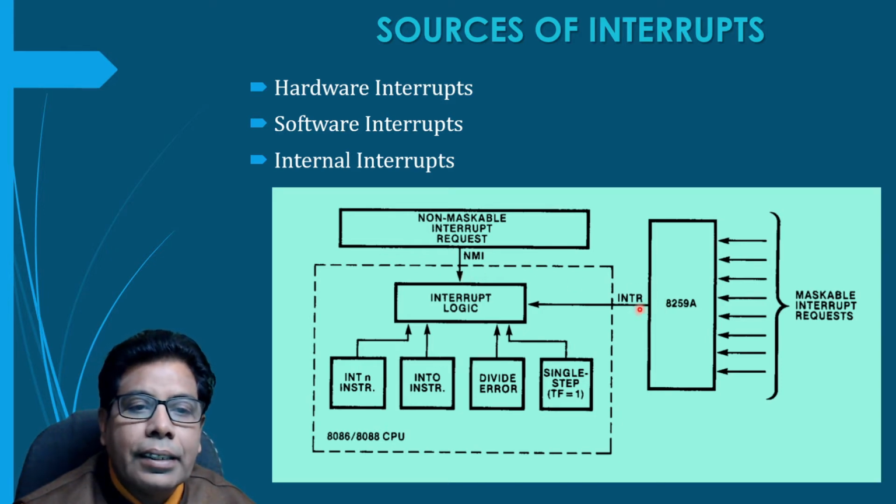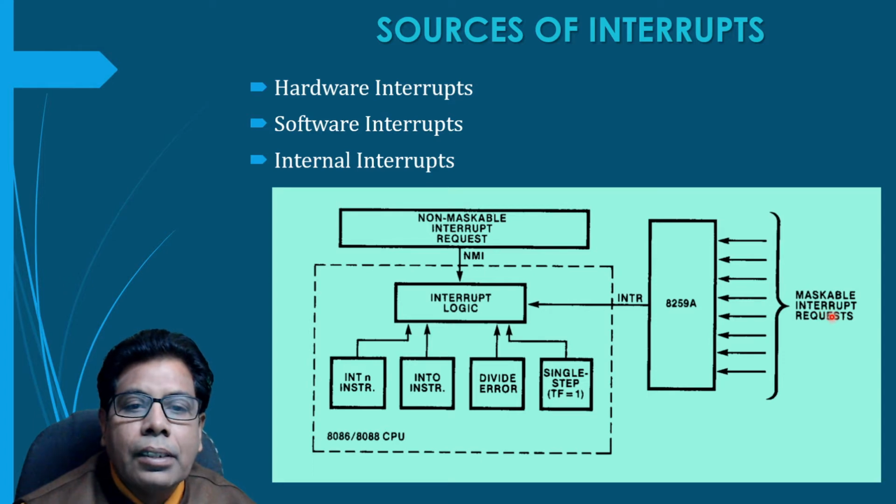Then the second interrupt is INTR. Again it is coming from outside the 8086 and it is connected to 8259. 8259 is nothing but a programmable interrupt controller. Here the maskable interrupt requests are connected to 8259 by various devices.